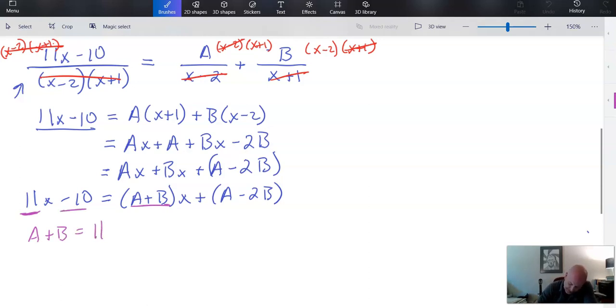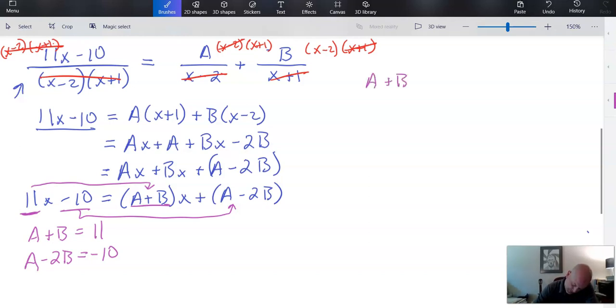And then over here, the negative 10 has to be equal to A minus 2B. Okay, so now I have a system of equations. I have A plus B equals 11, and I have A minus 2B is equal to negative 10.